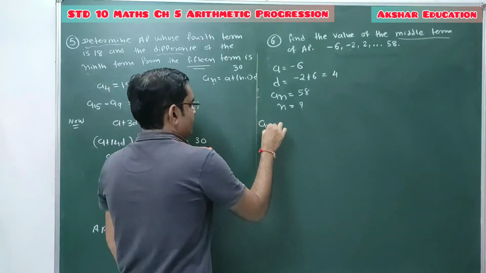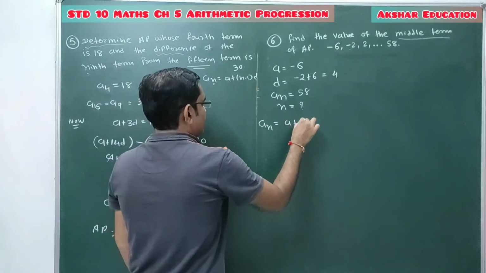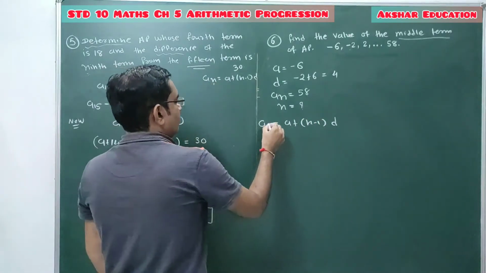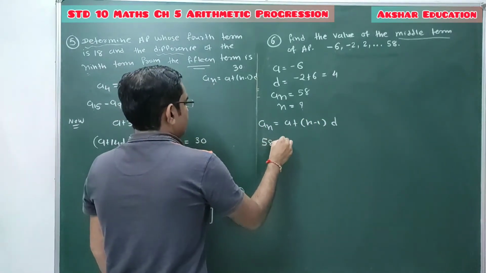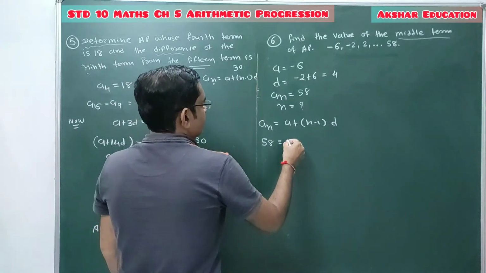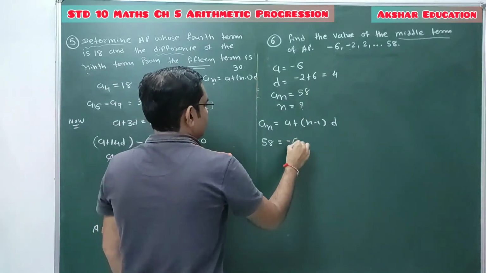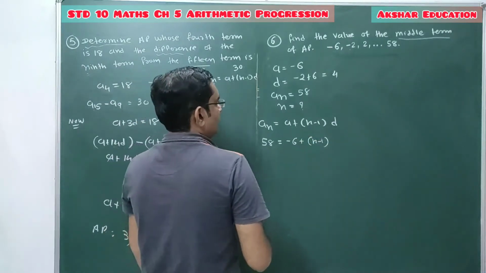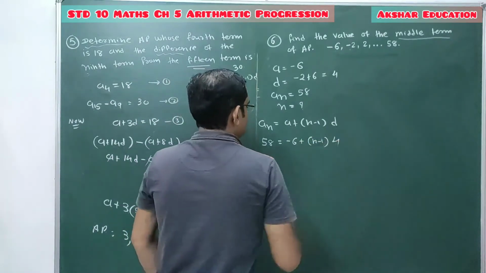So our formula is an equal to A plus n minus 1 into D. So an is 58, the value of the first term a is minus 6, plus n minus 1, where n is unknown, and d, the common difference, is 4.